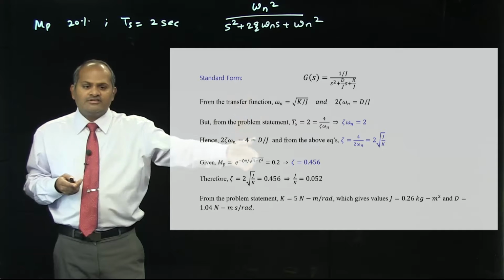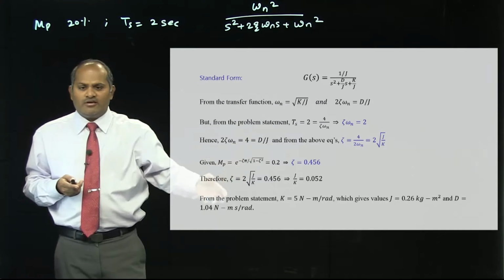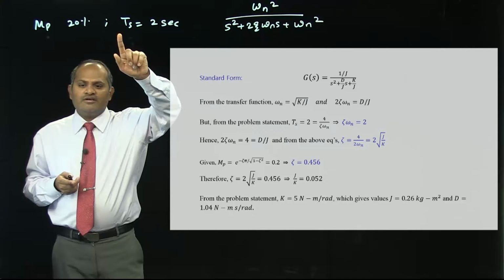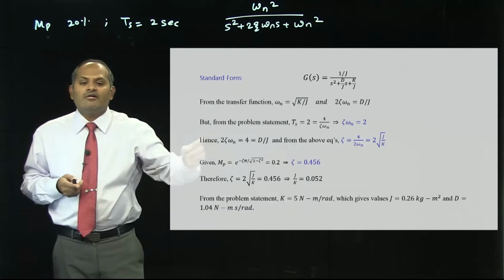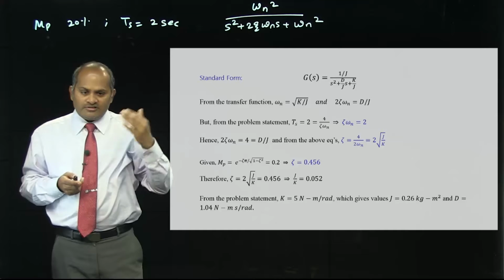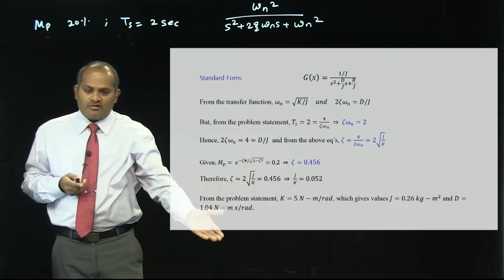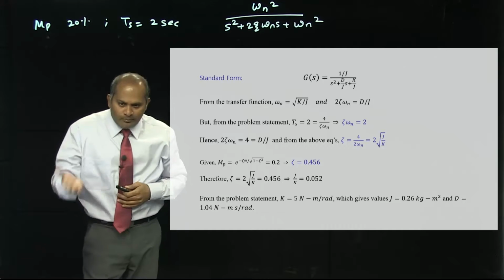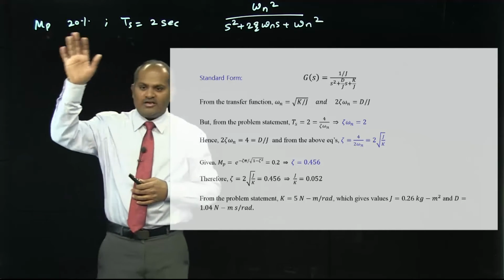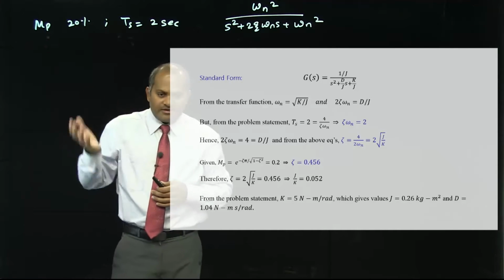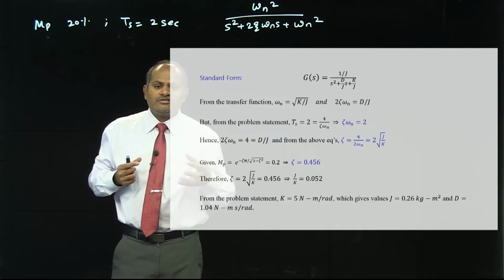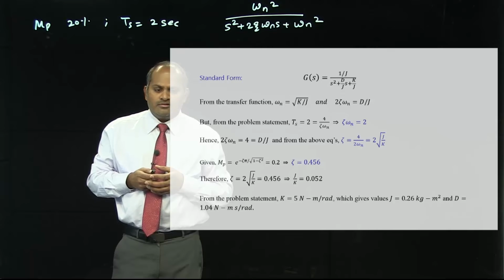I take the equations, do the mathematics, and find eta and omega n. Whenever Mp is given and the rise time is given, you need to relate them to the rise time and overshoot expressions, formulate the expression, and solve the problem. So, in the time domain, you need to remember these simple expressions like overshoot, rise time, settling time, and peak time.